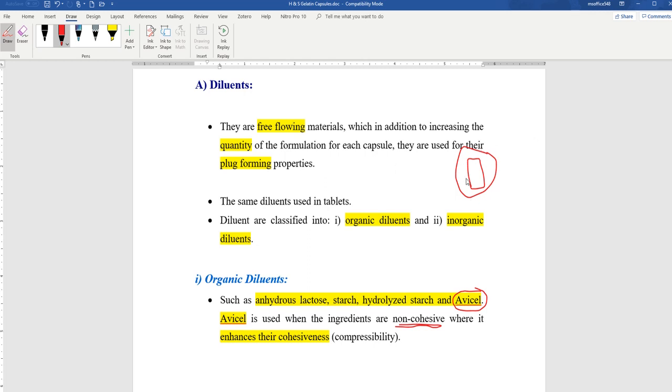They will not form a plug, but they will return back to their powder form. So to make it as a plug in this case, it's non-cohesive. If I compress it, it will not form a plug because they will not stick to each other. So the way to do that is to add Avicel in the formulation. So with little compression you will have the plug.